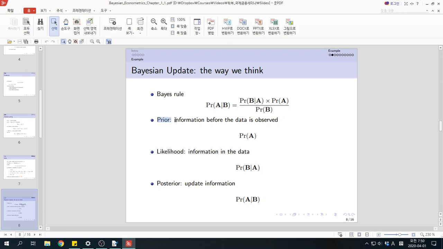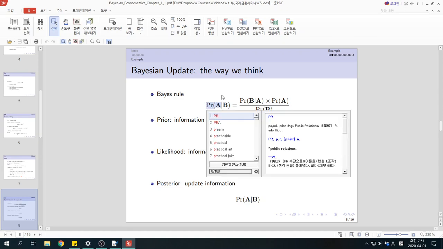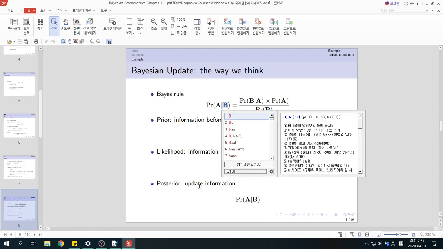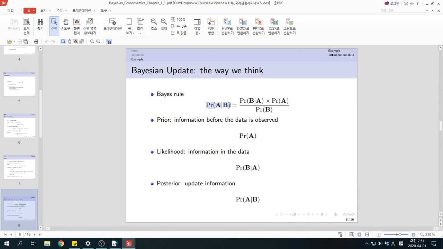And this is the likelihood, the probability of B given A. This specifies the relation between A and B. And this one is called the posterior, or posterior density. It is literally posterior, because it is the probability after B is observed. So it is also called the updated probability.